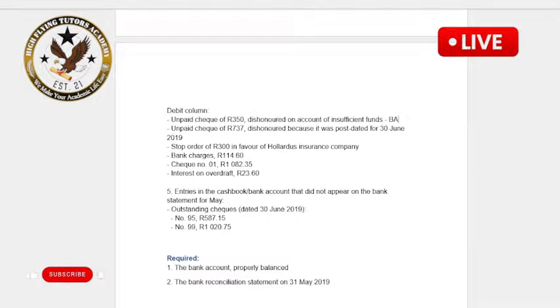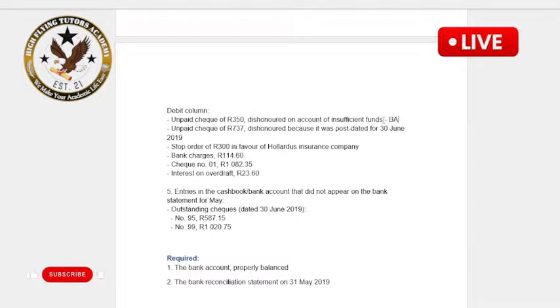737 dishonored because it was post dated for 30 June 2019. So this check needs to be corrected. It's an incorrect payment because it has to be in June, but we recorded that it is this month. So this check must be reversed. It's not a payment, because it is post dated.